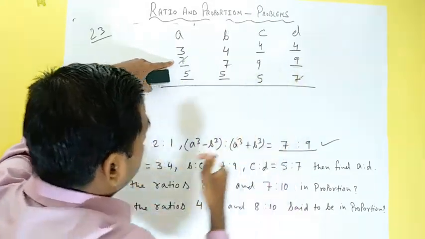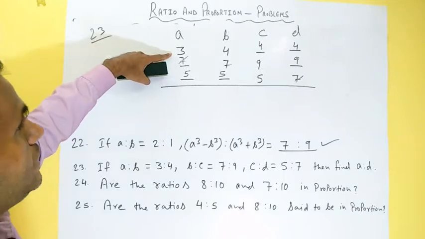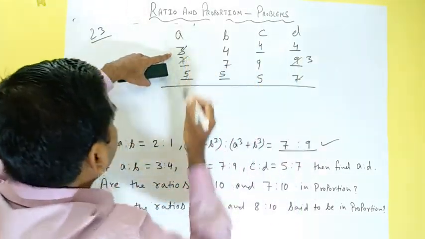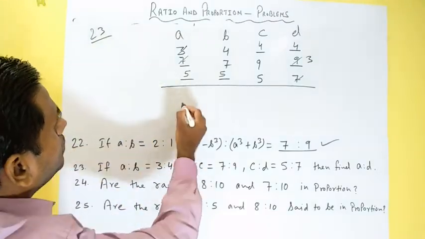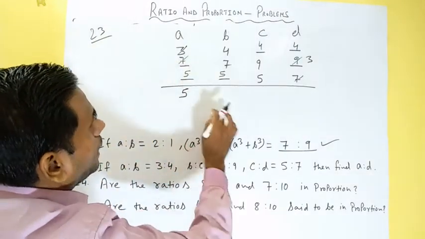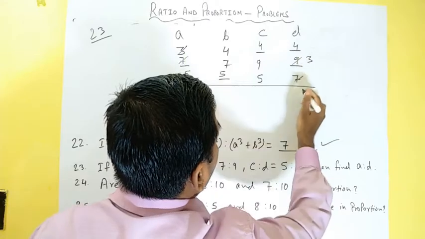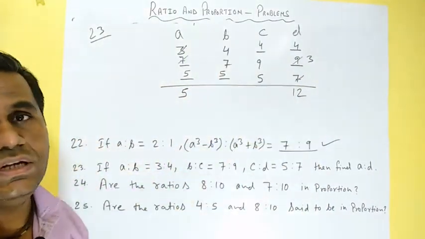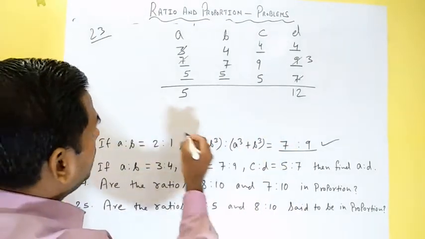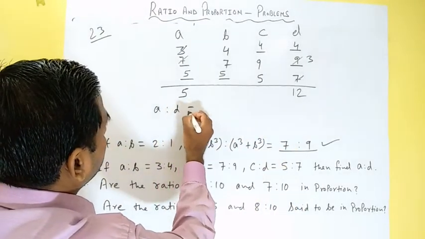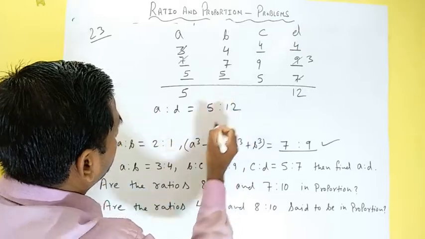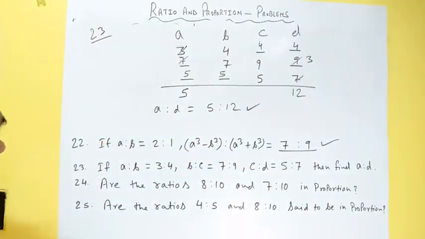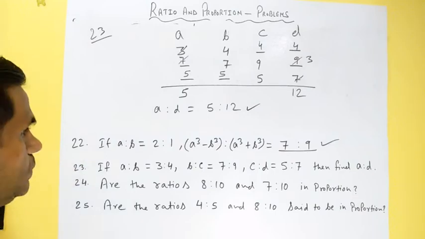So 7 we can cancel, and 3, if you see, with 3 we can cancel these 3, right? So here it will come 5, okay, and here it will become 4 3s are 12. So the value of A is 5, value of D is 12. So finally A is to D, we get it as 5 is to 12. This is the answer. Okay, so we have solved 23 also.